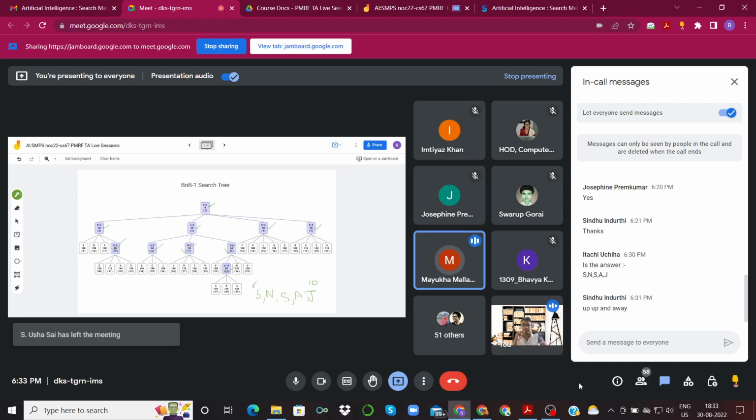Sir, can you explain the sequencing number part once again? Yeah, sure.